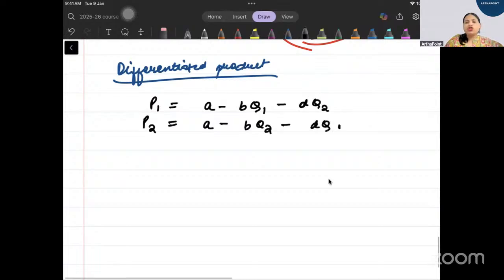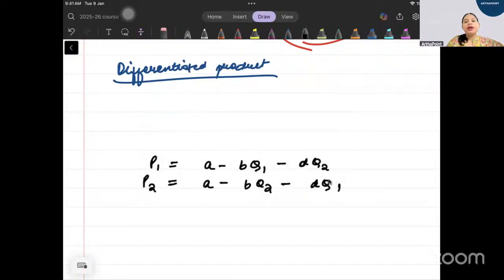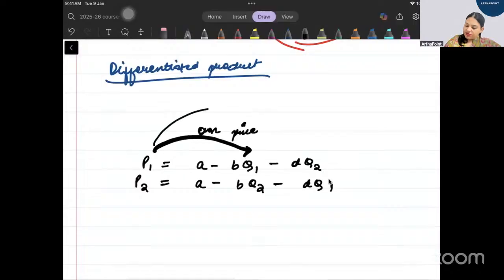So differentiated product is that case. Actually, you can just explain this in one line. Where product demand does not only depend on the own quantity, but also on the quantity of the rival. There is some cross price effect, right? So this is own price effect. And this is cross price effect.